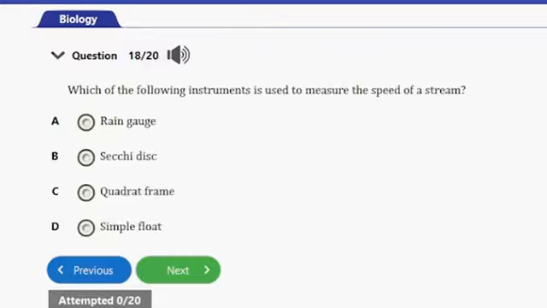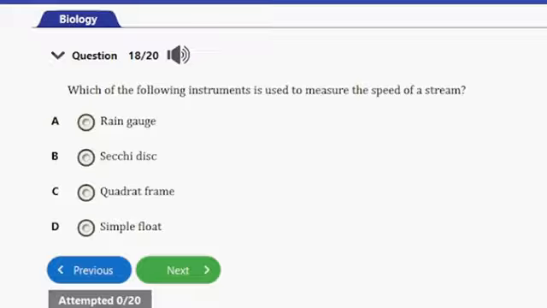Question number 18. It says, which of the following instruments is used to measure the speed of a stream? So we have A, rain gauge, B, Secchi disc, C, quadrat frame, and D, simple float. So guys, the answer to this question will be option D here, and that's simple float.